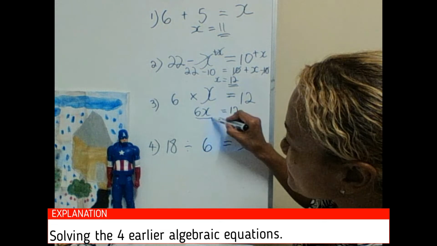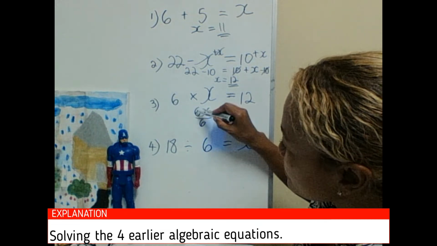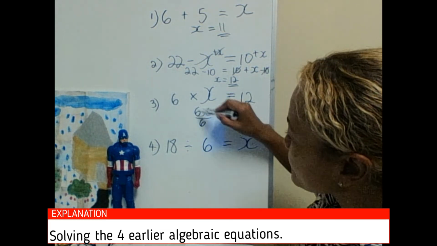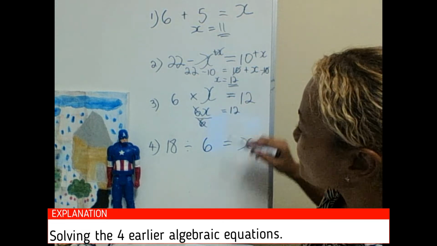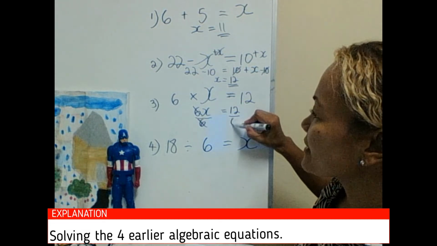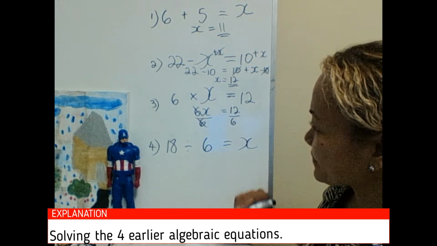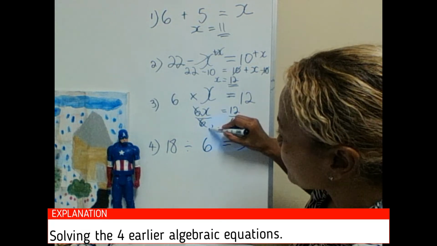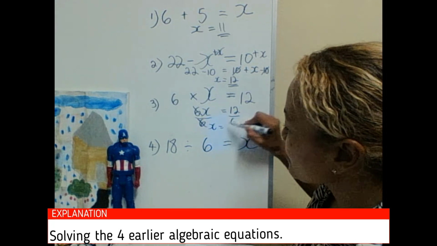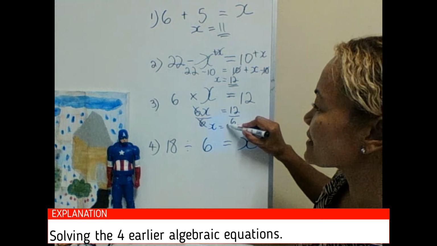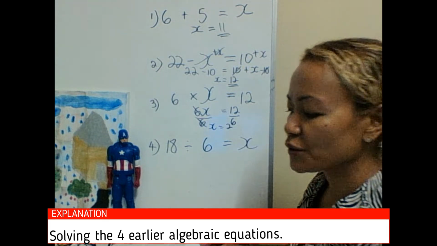So all you do is divide both sides by 6, so 6 times x, but if you divide by 6, that crosses both the 6's out, but you also got to divide 6 here. So you're left with x on this side is equal to 12 divided by 6 is equal to 2.